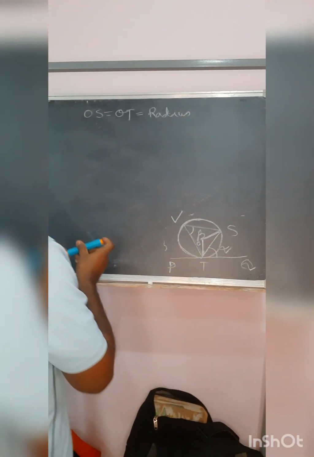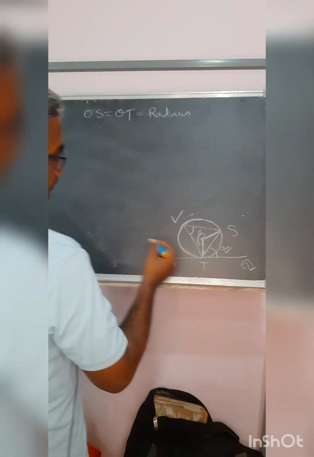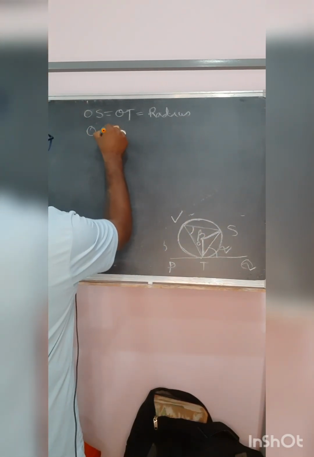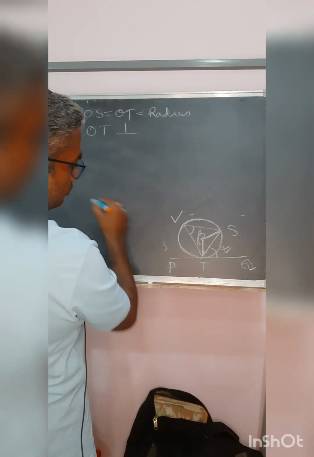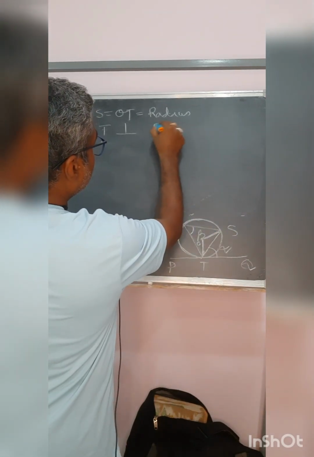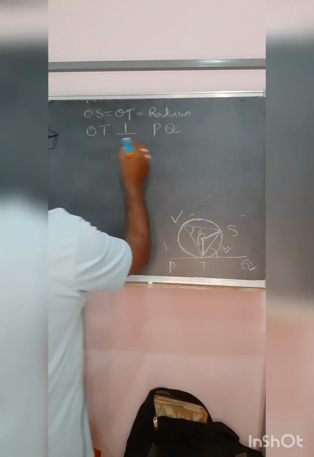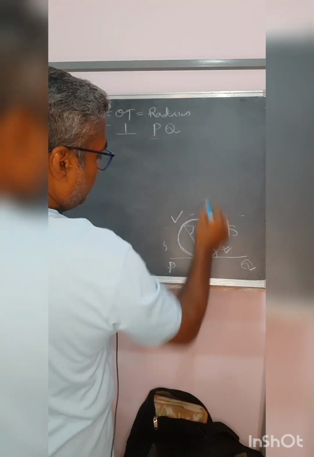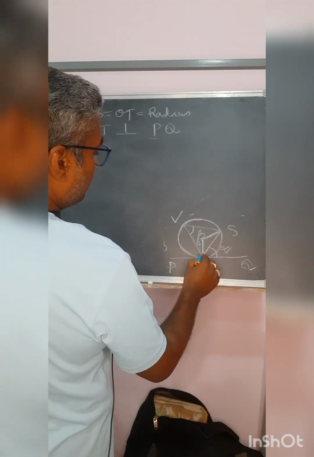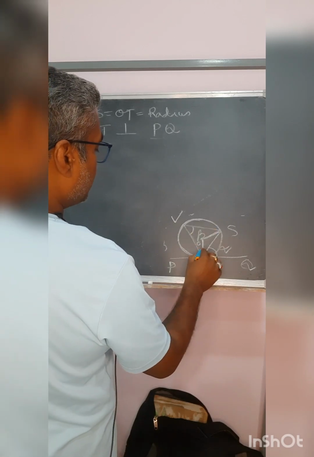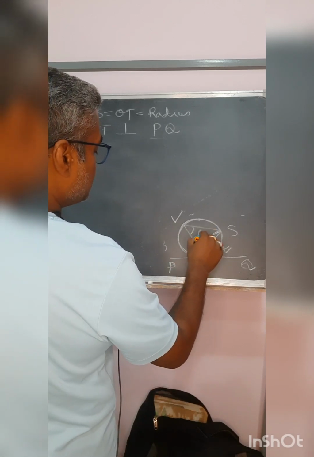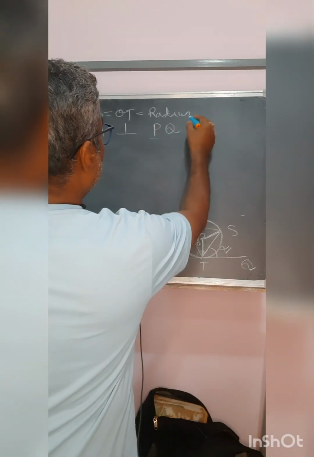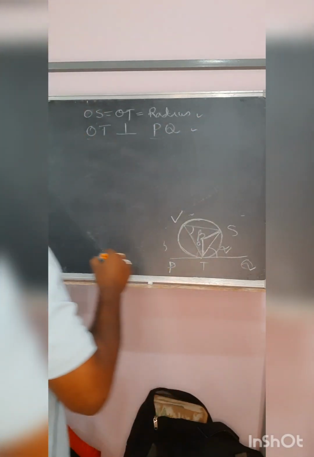Okay. And this OT is perpendicular to PQ, because we know the radius at the point where a tangent touches the circle is perpendicular to the tangent. This is a radius, this is the tangent, and this property is already established.